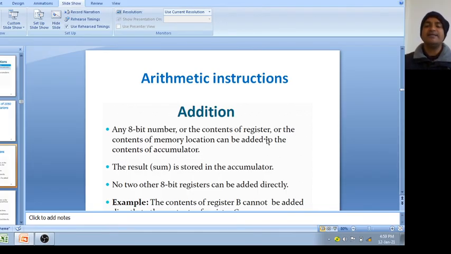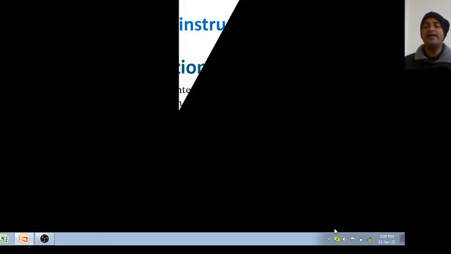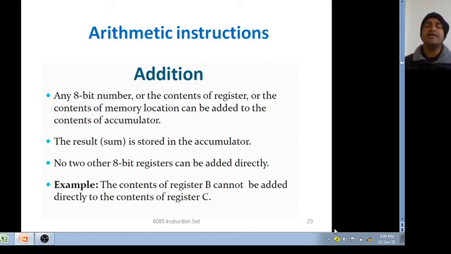In arithmetic instructions we perform different operations such as addition and subtraction. Unfortunately, in 8085 we do not have multiplication and division instructions. Still, we can perform multiplication or division. How?